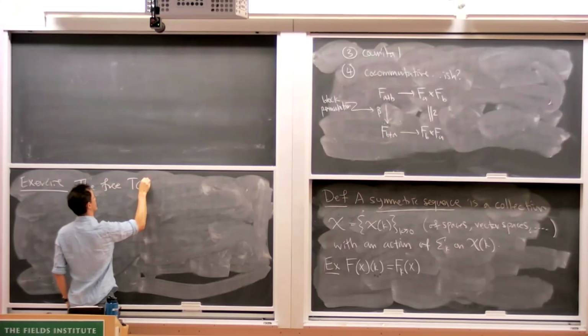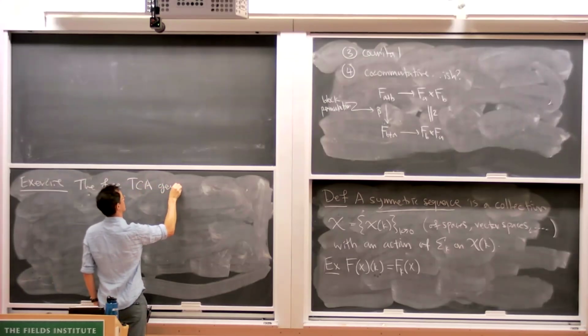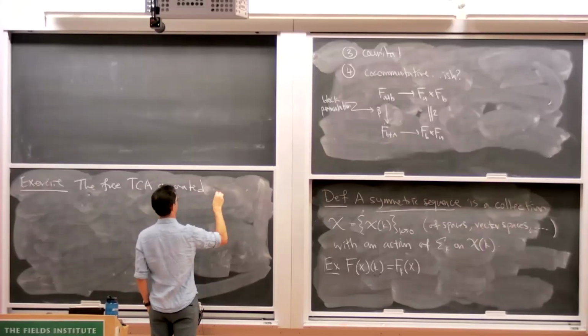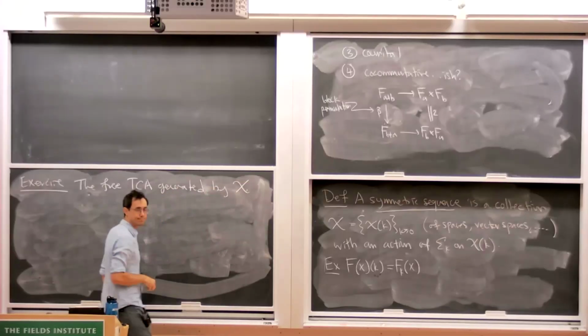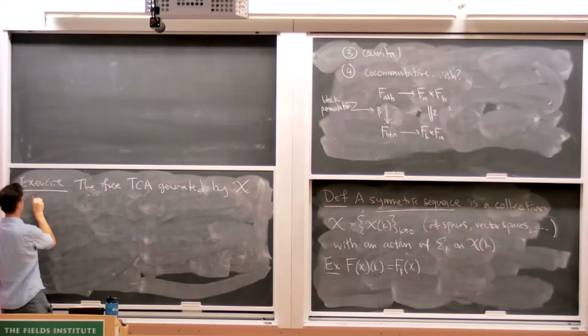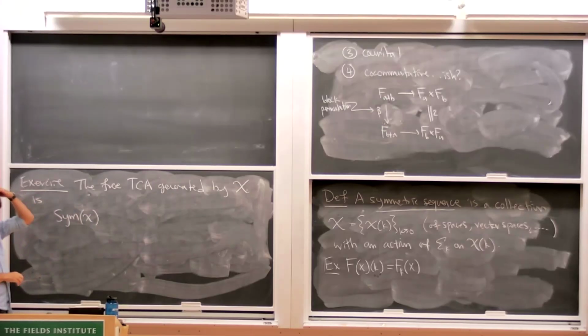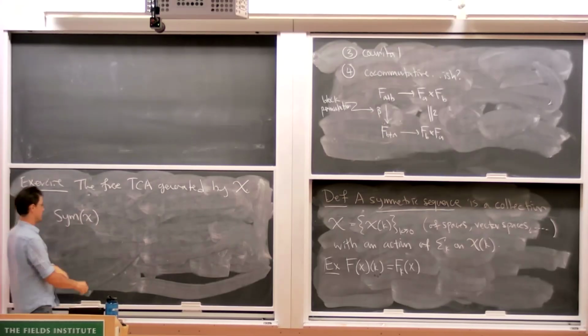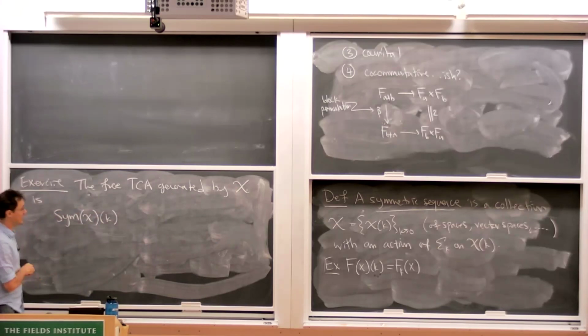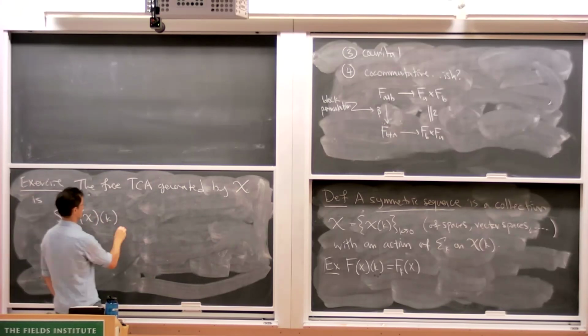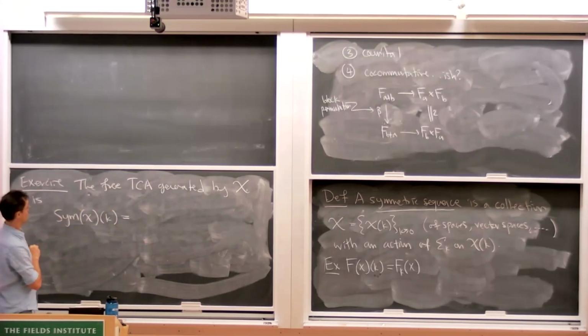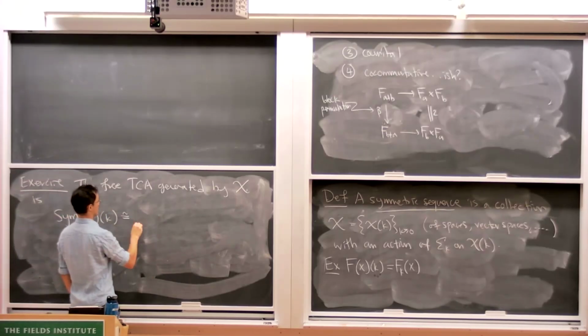The free twisted commutative algebra, we can say what it is, generated by a symmetric sequence X. I'll call it Sym of X. I'm just going to describe what its underlying symmetric sequence is. As a symmetric sequence, it has a weight k piece for every k. And if you work it out from first principles, what you find is that it decomposes as a direct sum over partitions of k.